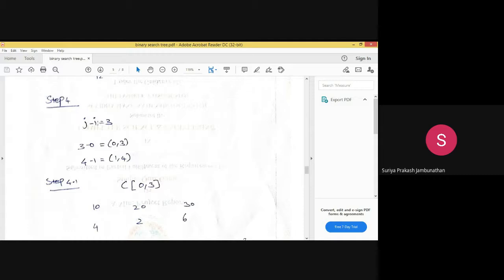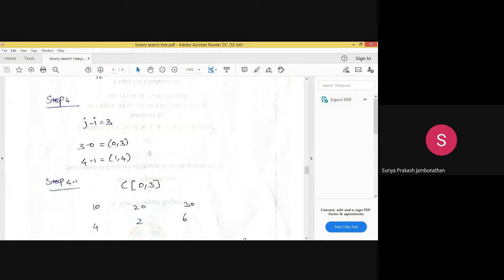So when j minus i is 3, that combination we are identifying now. When you put j value as 3 and i value as 0, we are getting 3. In the same way, j value is 4 and i value is 1, we are getting 3. So these two combinations will give the result 3. Writing in the form of i comma j, we are getting 0 comma 3, and for 4 minus 1, we write 1 comma 4. So these are the two combinations we are getting.